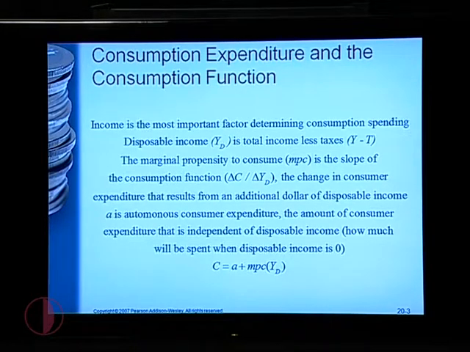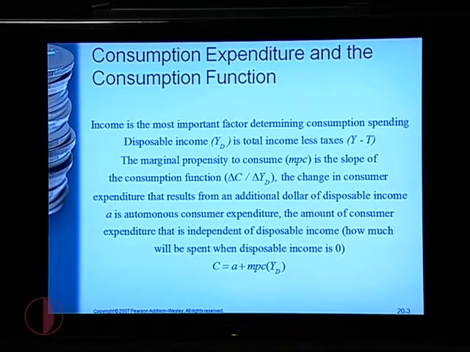Consumption expenditure and the consumption function. As we have discussed earlier, income is the most important determinant of consumption spending, where disposable income is total income minus tax, and the marginal propensity to consume is the slope of the consumption function, that is, change in consumption divided by the change in disposable income, the change in consumers' expenditure that results from an additional dollar of disposable income.